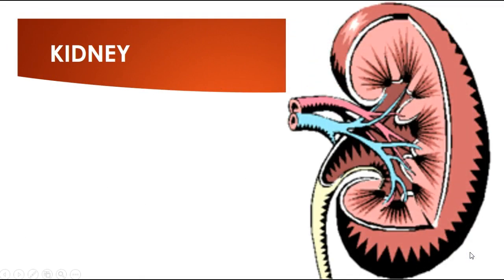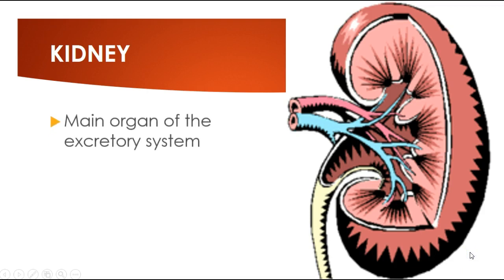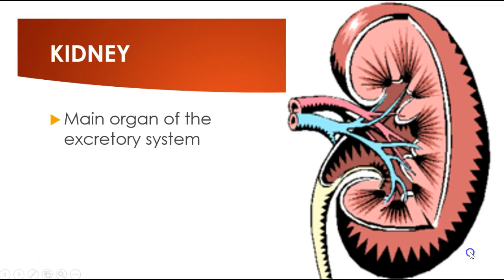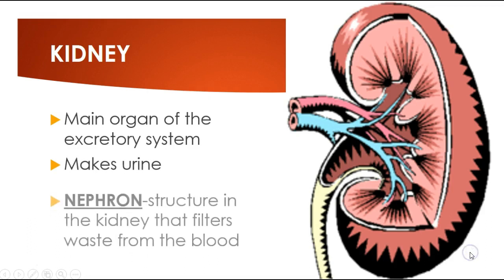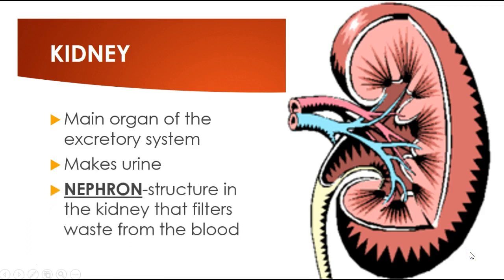Okay, first we want to talk about the kidney. And the kidney is an organ, and it is the main organ of the excretory system. And its whole purpose is to make urine. And it does this using this very tiny microscopic structure called a nephron.